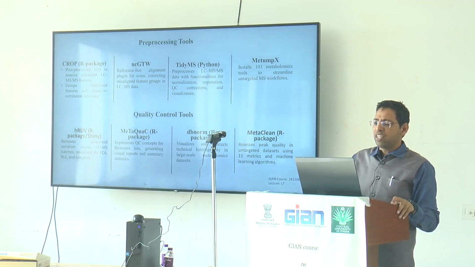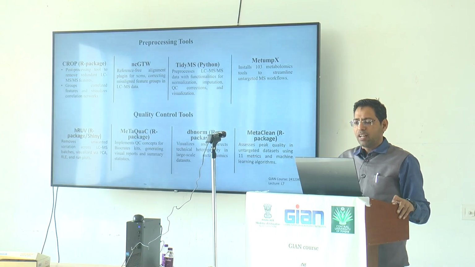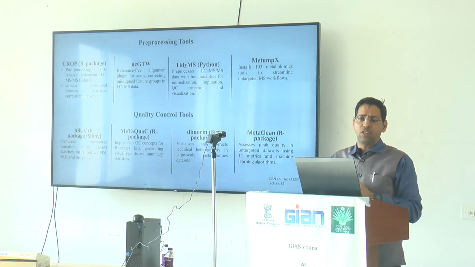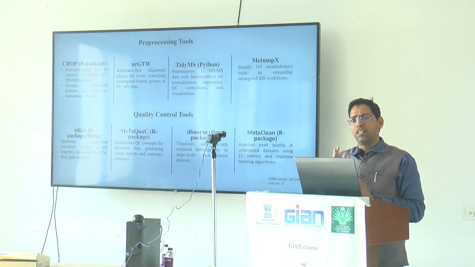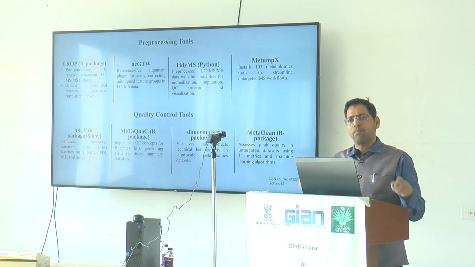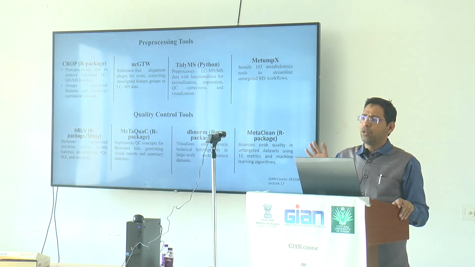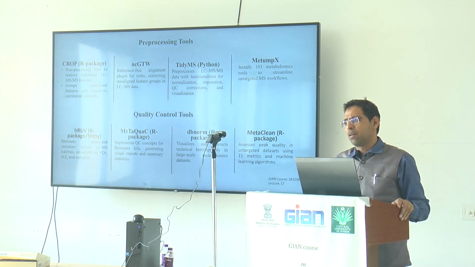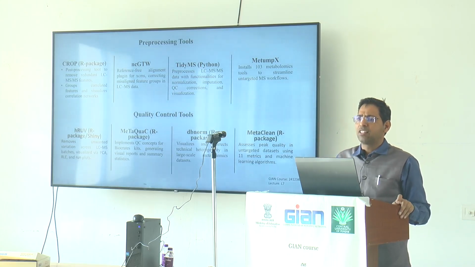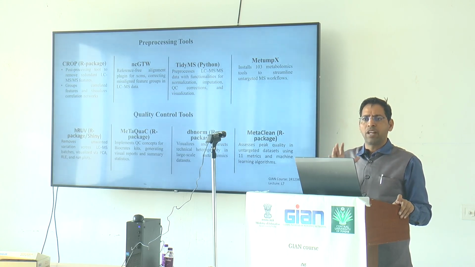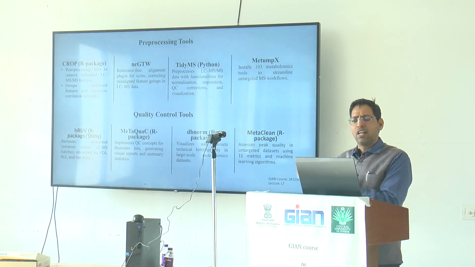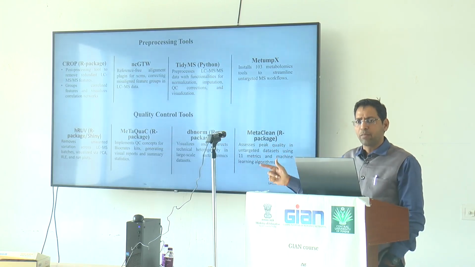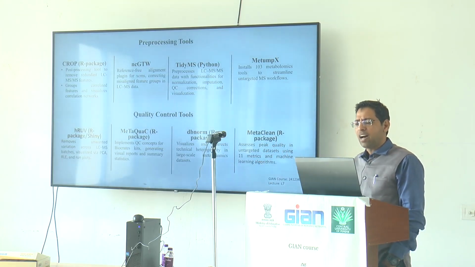DB norm is another one, and yes, technical heterogeneity comes up. What happens is that sometimes we use some parameters and technical errors come up, and many times you are not able to capture those technical errors. So we remove the technical errors by using DBnorm, actually. And the last one is the MetaClean R package.